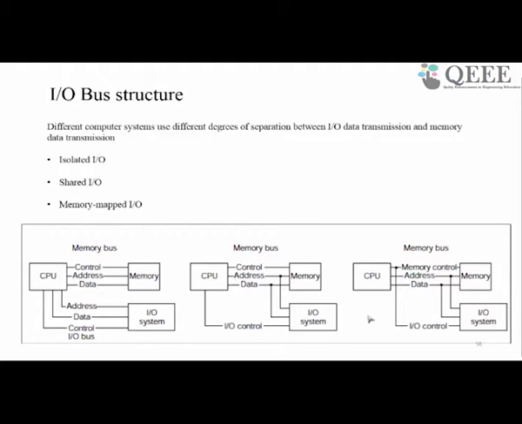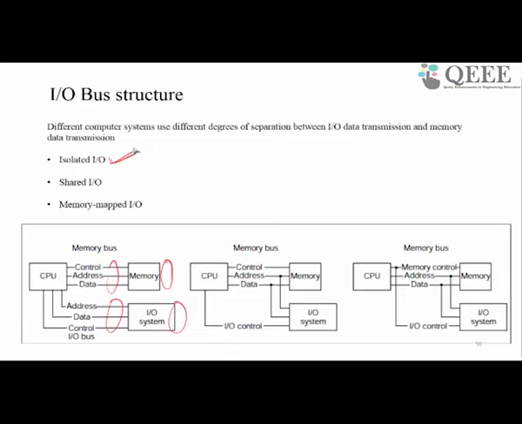One is the isolated IO, wherein the memory devices and the IO devices are controlled by separate sets of buses. Control, address and data buses for memory are distinct from the control, data and address buses of IO. So that is called isolated IO.